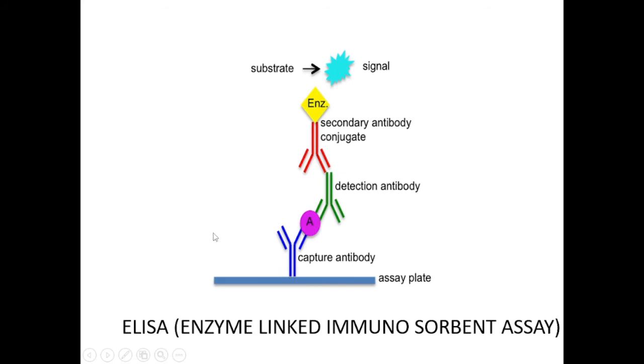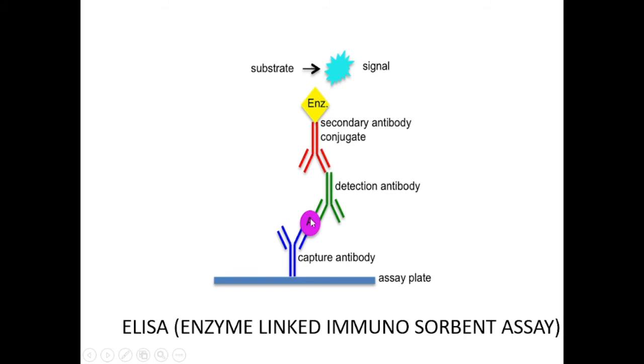So the immobilized antibody is already there, and then our sample is added. If the sample contains the specific antigen suitable for this antibody, then binding will occur. The antigen will bind with the captured antibody, the immobilized antibody in the polystyrene wells.